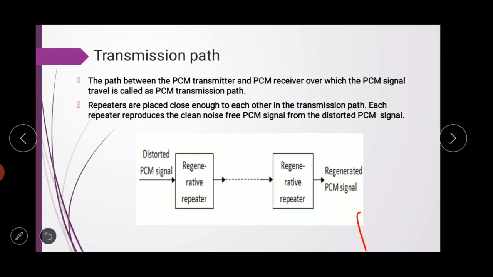The presence of repeaters improves the performance of PCM. These are spaced close enough to each other to give a better noise-free signal at the receiver section.